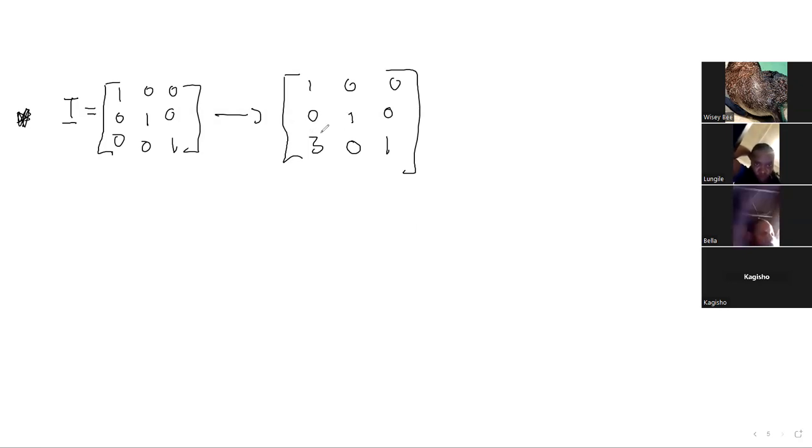To find the correct addition, you look at your number 3 and mark it. Where does it lie? It lies in row 3. The row it lies in is R3. And then you say plus 3 times the row it lies below or above.